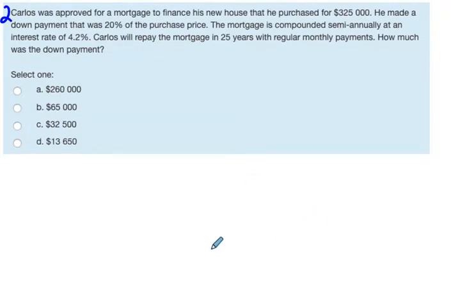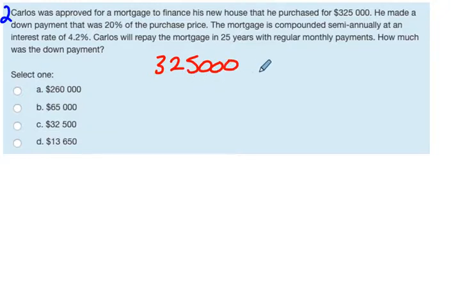So in this one right here, we have a house being purchased and there's a down payment of 20% on the purchase price. Now there's a whole bunch of other information here, compounded semi-annually at an interest rate of 4.2%. Carlos will repay the mortgage in 25 years with regular monthly payments. How much was the down payment? So how much is a down payment is simply, we're starting with $325,000.